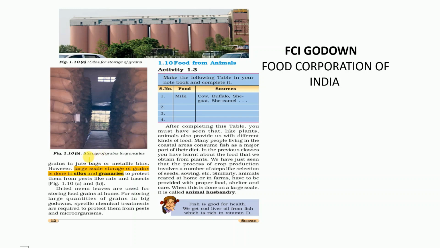So this is a storage godown for the granaries. For large scale storage of grain, we use equipment called silos and granaries. These are the silos, which protect the crops from pests and water.